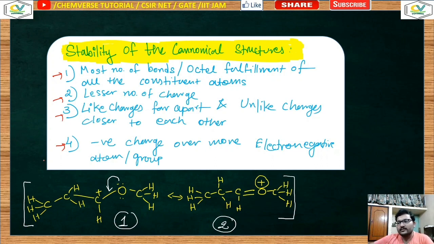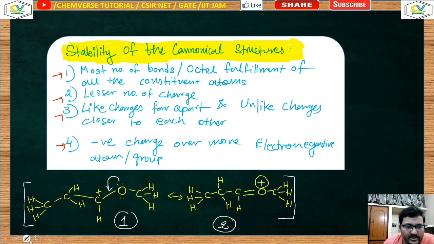Suppose one is a neutral molecule and somewhere you are getting some charge separation, so go for the neutral molecule only when the number of bonds is the same in both cases. Number 3 is like charges apart, because positive or negative repel each other, and positive and negative attract each other. So like charges far apart, unlike charges closer to each other. That will be a condition for stability. And the fourth point is that the electronegative atom will have the negative charge. So these 4 points you must consider whenever you discuss the stability of canonical structures.